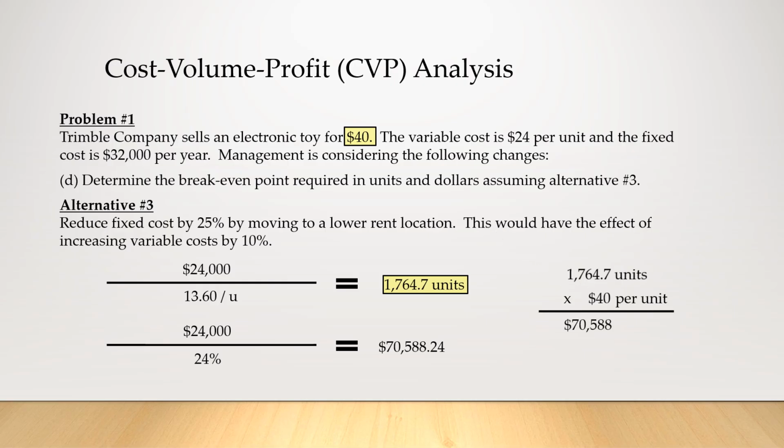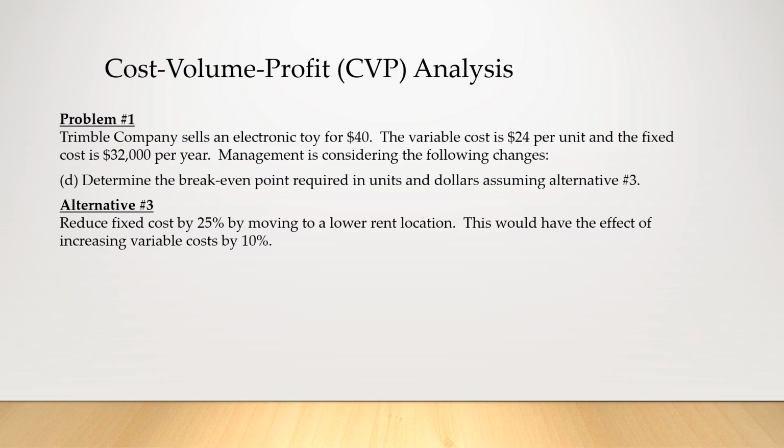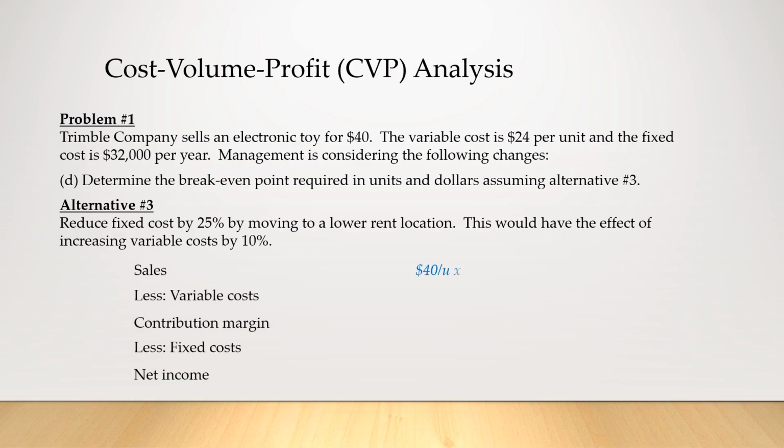The decimals necessitate some rounding, but the two numbers approximately tie to each other. Once again, please refer to the following contribution margin income statement to verify the break-even point.